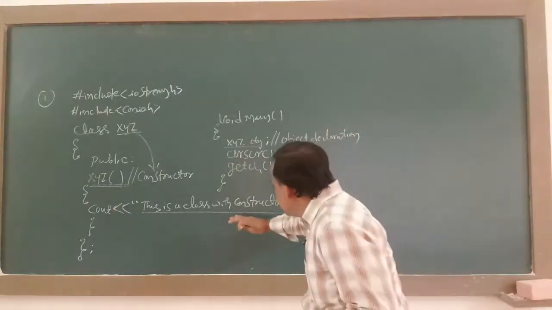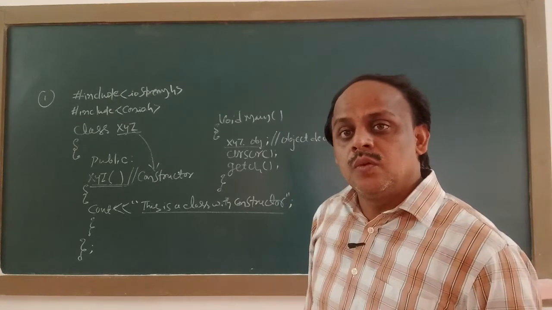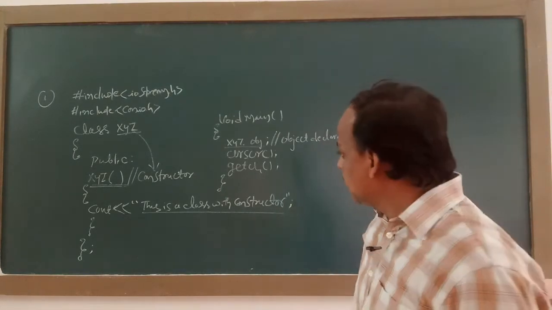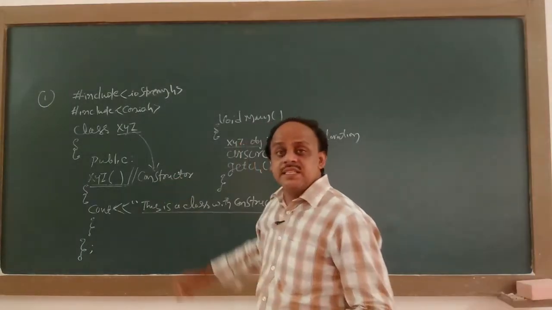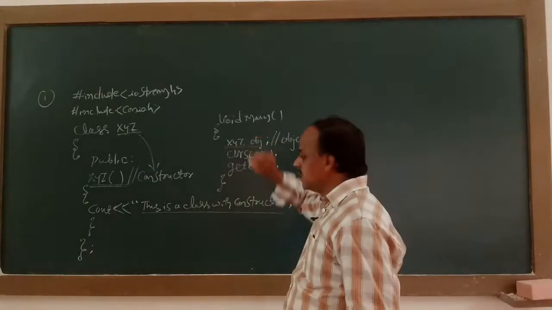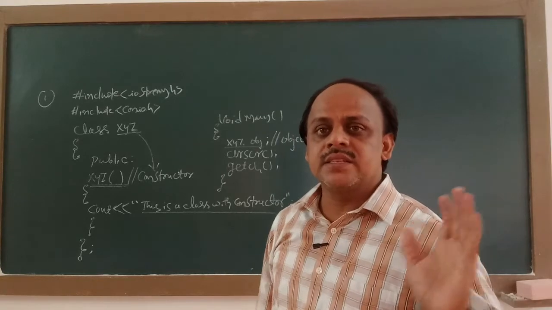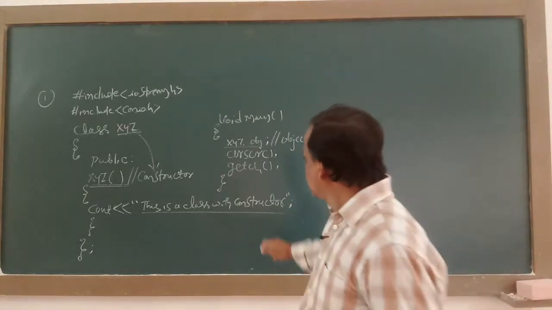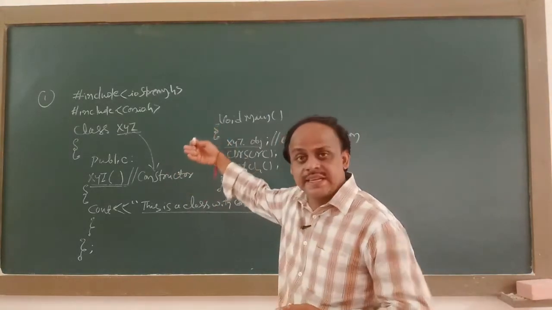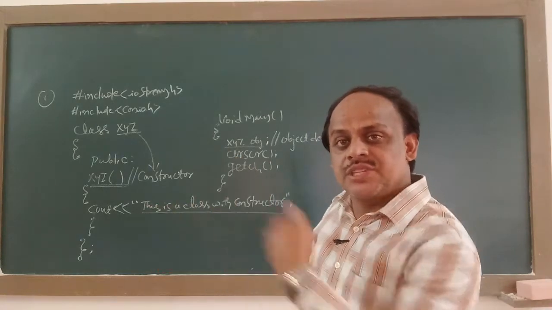So when this statement is printing, what can we conclude? The constructor function is executed automatically when an object is declared for the class. It's very interesting. Try it, right? Generally, how do we call a member function?